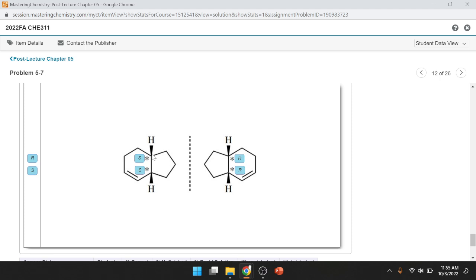Because they both have 3 carbons attached. Only 1 hydrogen attached. And so you actually have to go to the next one. That one has 3 again. Yep. And so this is the highest priority. Then this is the next highest priority. And then this one. Exactly. It's R, but the H is towards us, so we have to flip that. And so we end up with S.